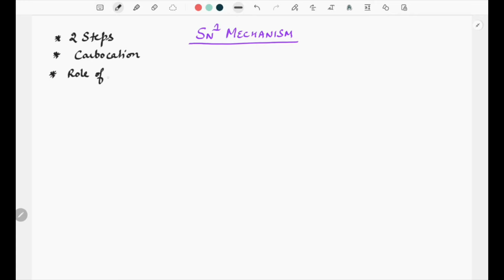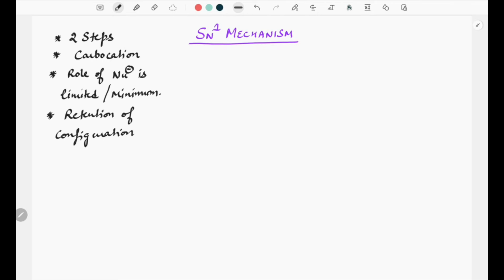Role of nucleophile is limited or minimum, and at last retention of configuration is achieved.